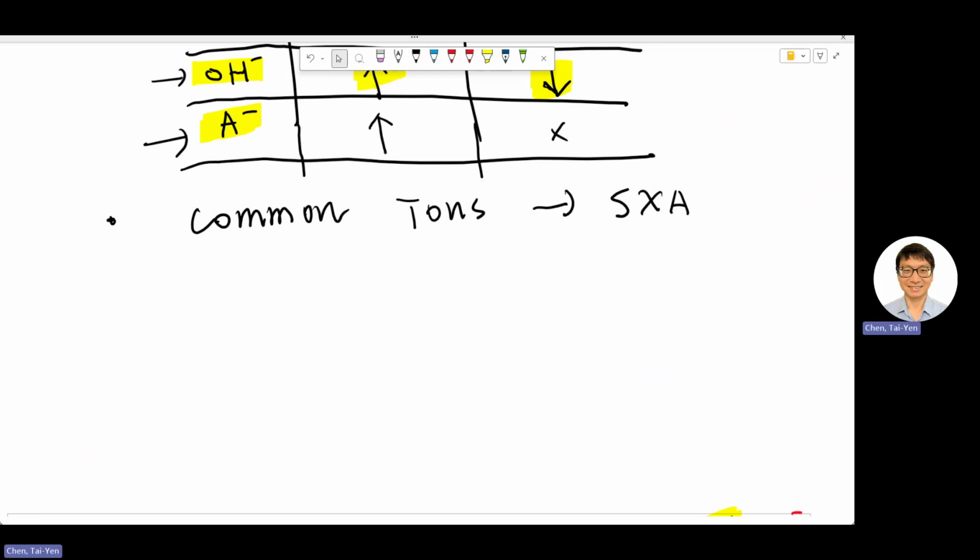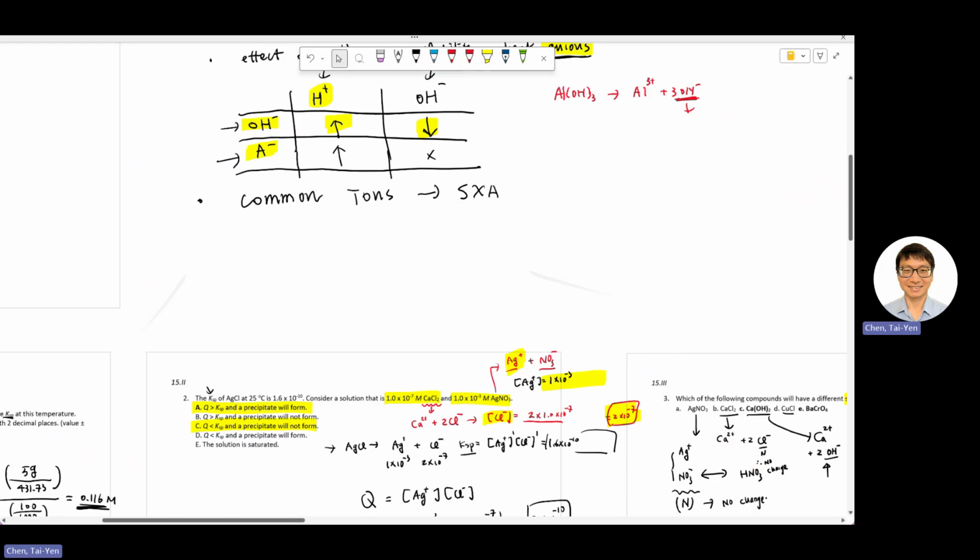And then I add in some soluble salt, which contains either the same cation or the same anion as your insoluble salt. And I ask you what will be the solubility of the insoluble salt after I add in the common ions. Okay, so that is the very last type of question you're going to encounter for this chapter. So how do you handle this?